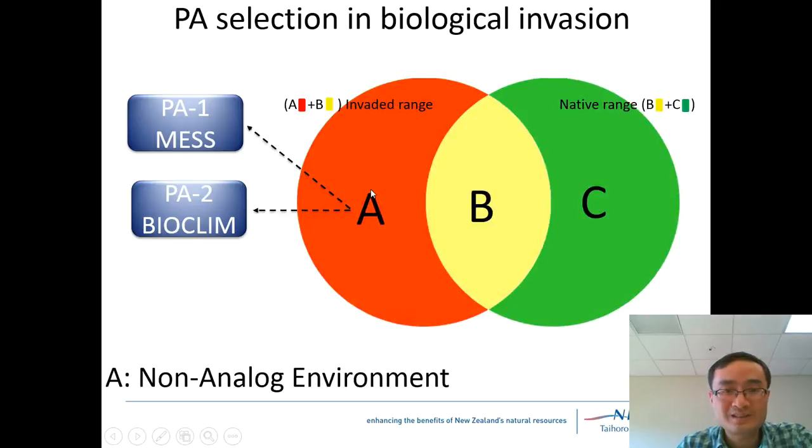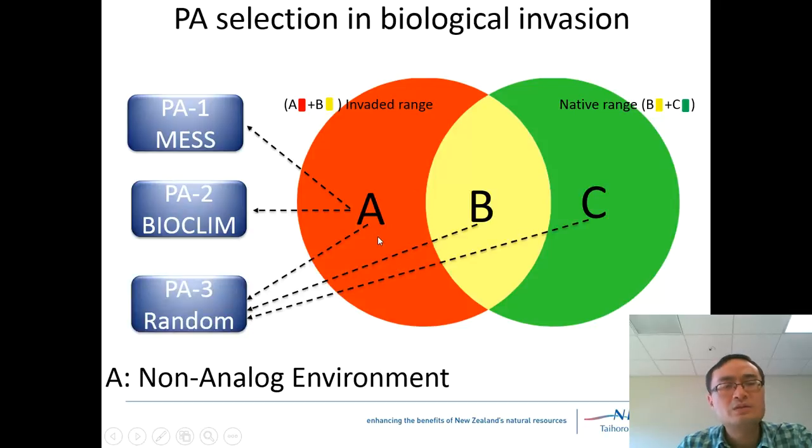We will set both algorithms to select pseudo absence data only from non-analog environment, so only in the red area here. The third strategy is random selection. It will select pseudo absence data across anywhere, so from both the invaded range as well as the native range.